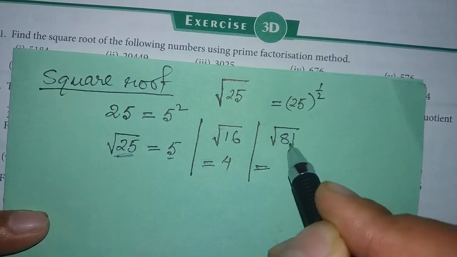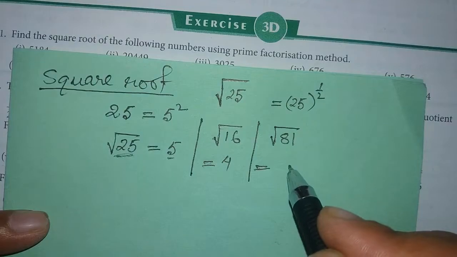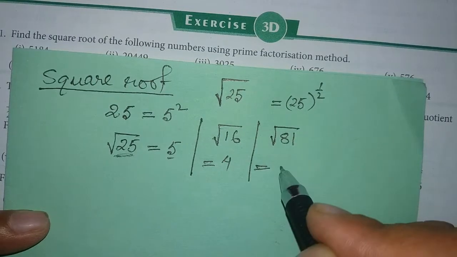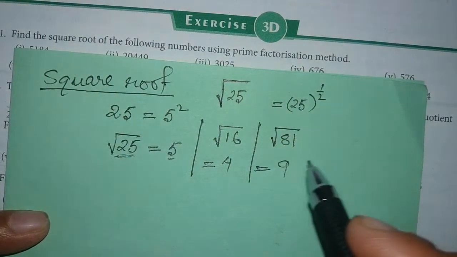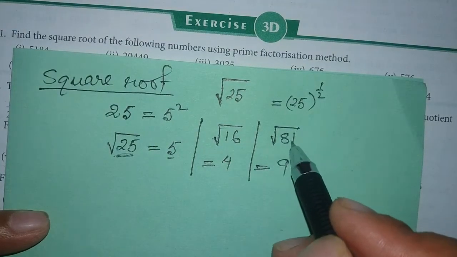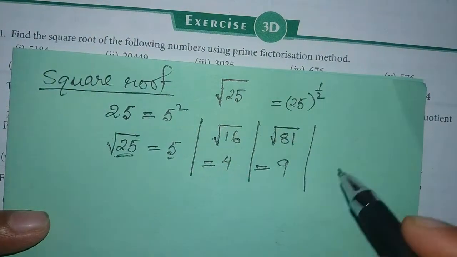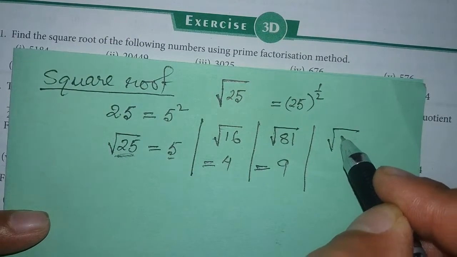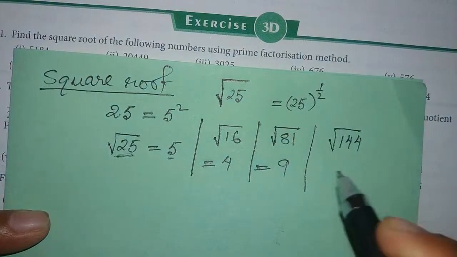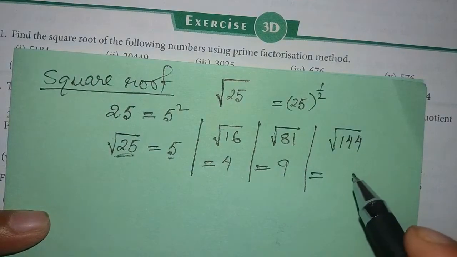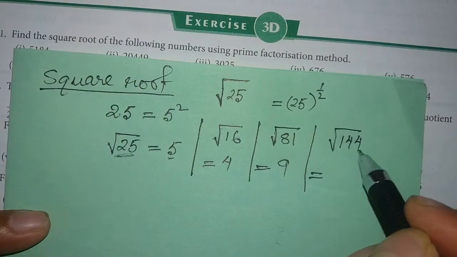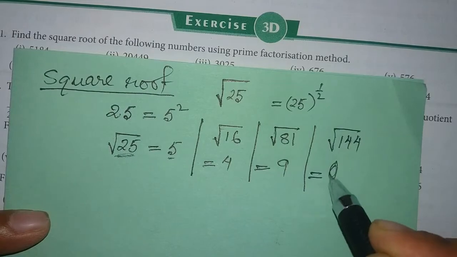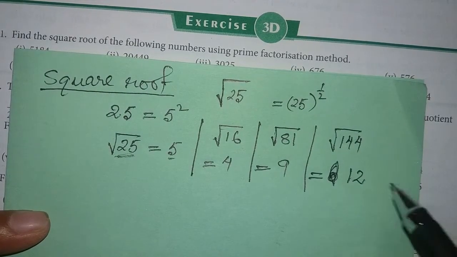Now 81 is square of 9, that is 9 square, 9 nines are 81. So 9 square is 81, so we write square root 81 is 9. Let's say square root of 144. Now this 144 is nothing but 12 square, 12 into 12 is 144. So square root of 144 is 12.